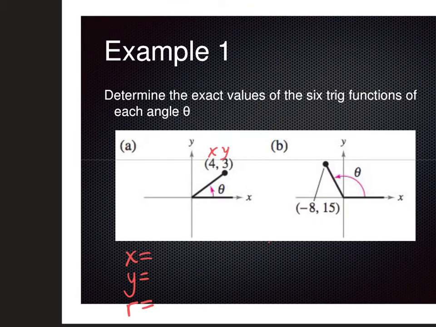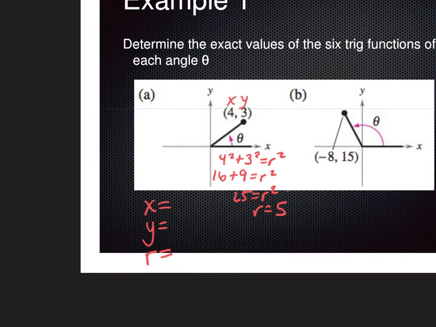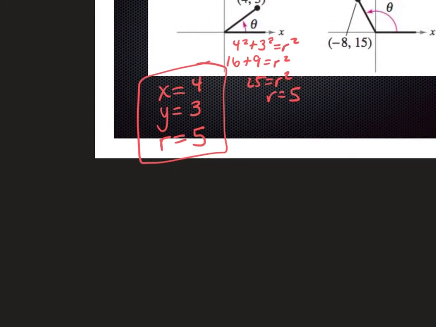It's the Pythagorean theorem. 4 squared plus 3 squared equals r squared. 16 plus 9 equals r squared. 25 equals r squared. So r equals 5, correct? Yes. So you're going to write down x is 4, y is 3, r is 5. And you take that information to do all 6 trig functions.